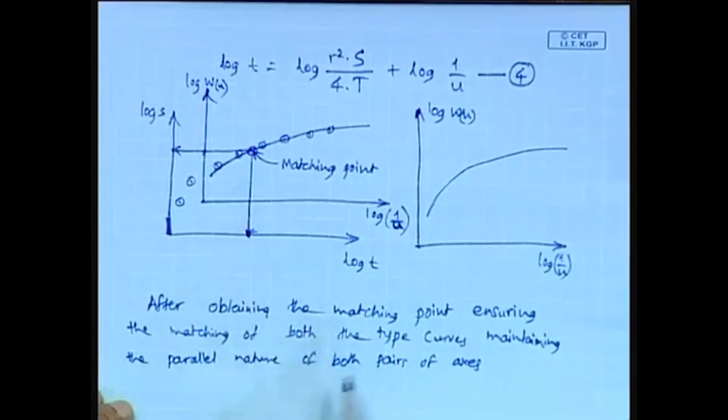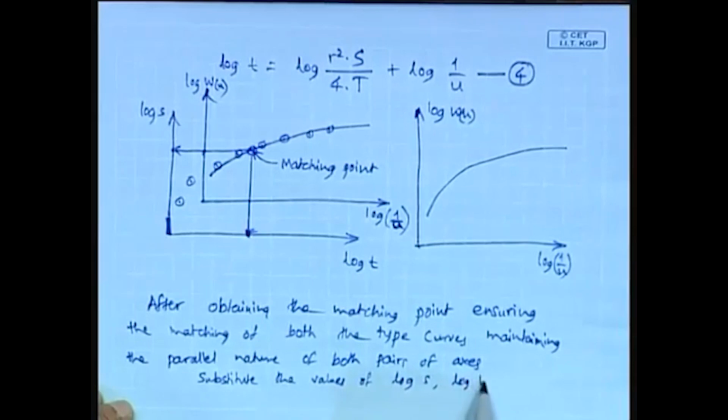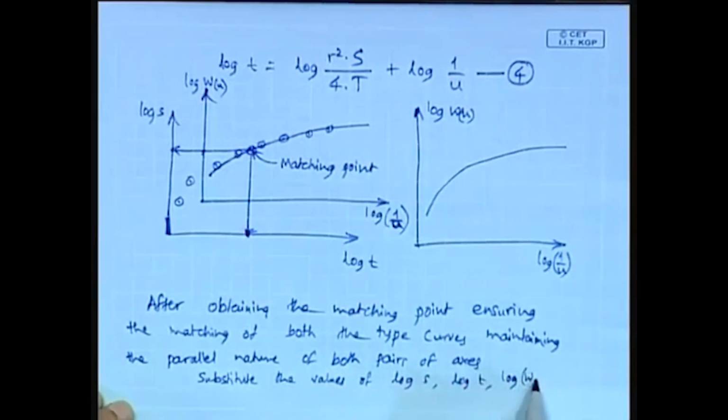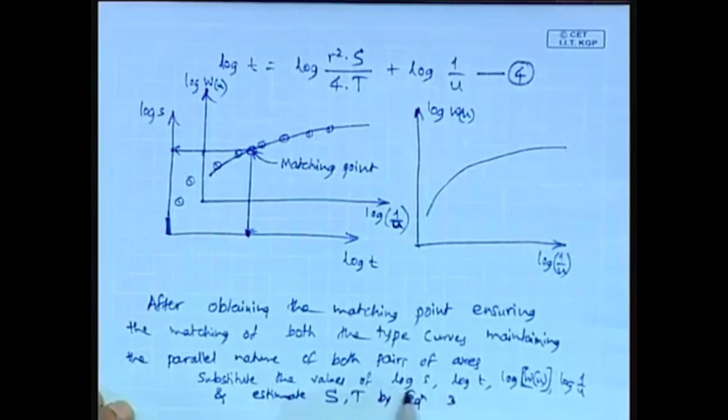Then we can solve for, substitute the values of log s, log t, log W, log 1 by u, and estimate storativity S and transmissivity T by equations 3 and 4.